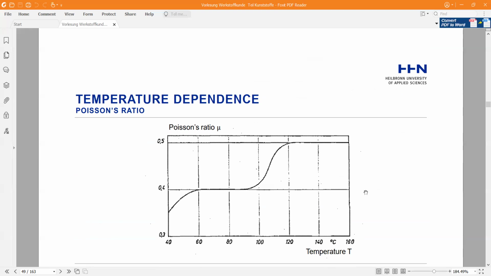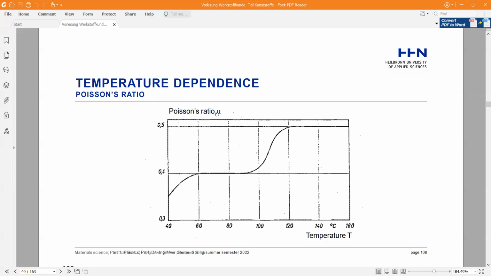Here we have a temperature dependence for Poisson's ratio. So it's increasing, and between 60 and approximately 90 degrees temperature, the Poisson's ratio is approximately 0.4, and between 120 and 160, 0.5. Poisson's ratio is described as letter nu.